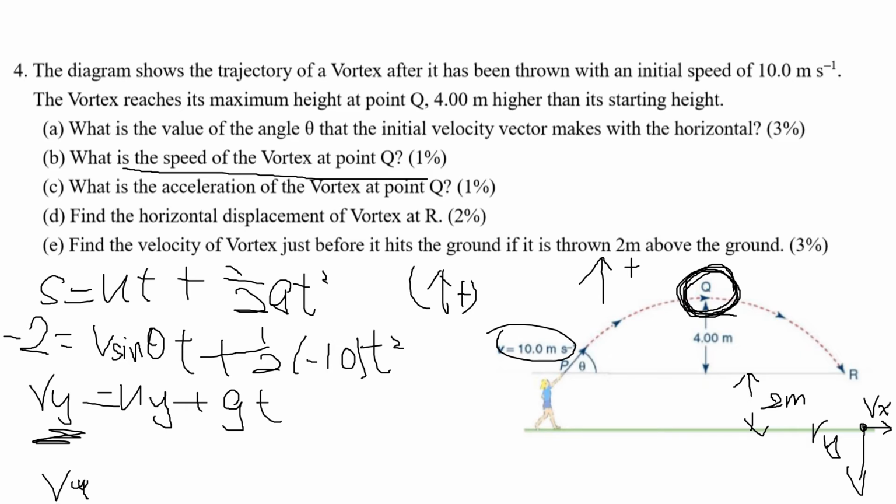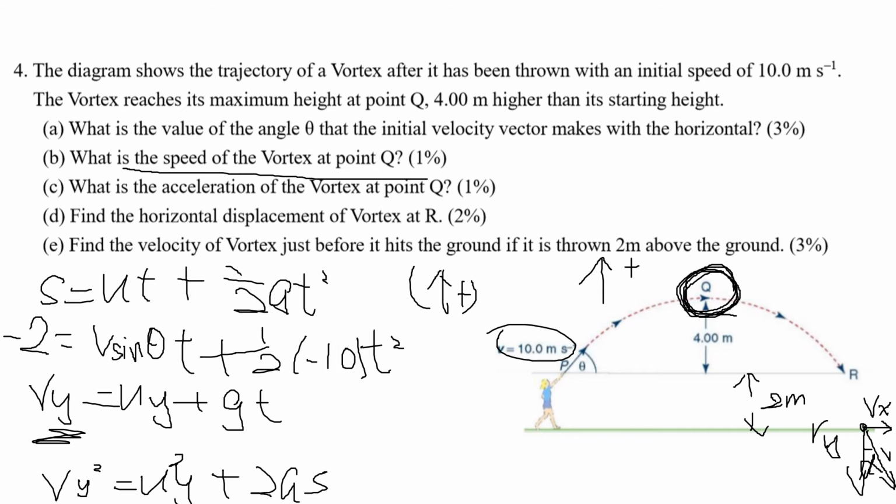Vy squared equals uy squared plus 2as. Then you can solve Vy directly. And here is the final velocity. For the final velocity, just use the Pythagoras theorem to solve it, and don't forget to give the angle.